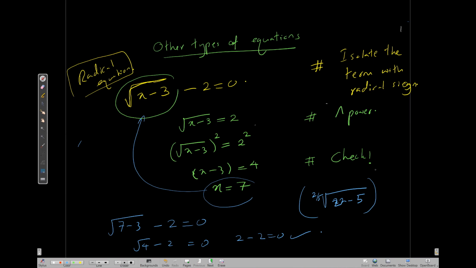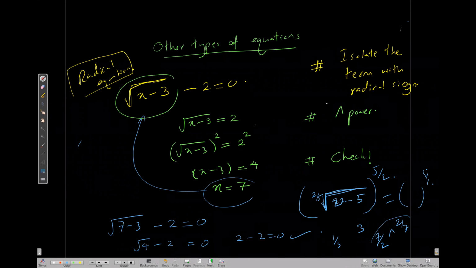Then what you need to do is raise to the 5 over 2 power, and the same with the other side, 5 over 2 power, like that. Raise to the reciprocal of that power. If you had 1/3, you have to raise it to the third. If you have 7 over 2 power, you have to raise it to the 2 over 7 power, the reciprocal of that power. And then you get something like this, and finally you check it.